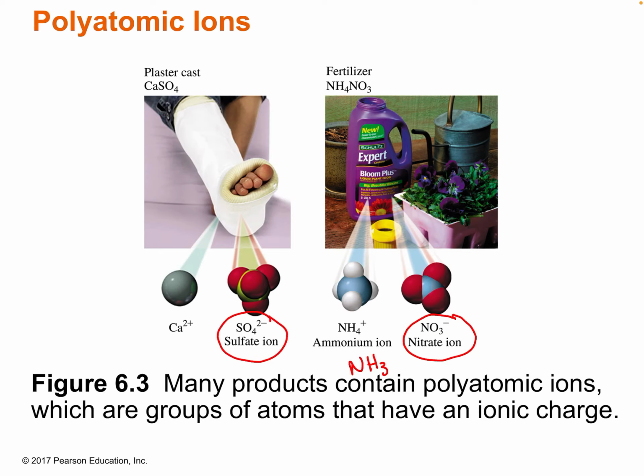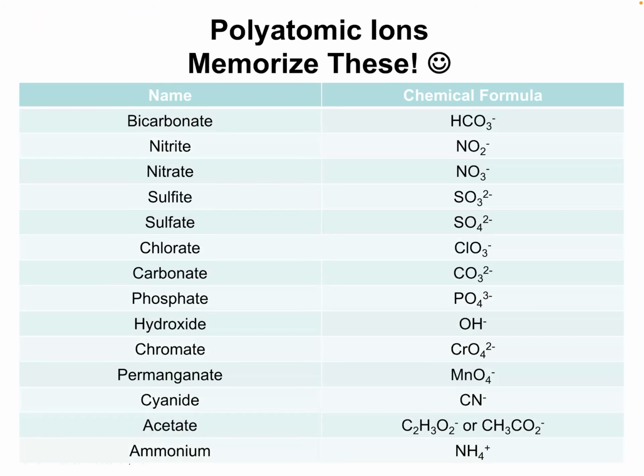And once you start to know them, right, now that you get to memorize some of them, you will start seeing them on bottles. If you read the back of the bottle of things that you buy, you will start seeing these polyatomics all over the place. But again, they are a group of atoms that has an overall charge. So here were the polyatomics that you are responsible for memorizing.